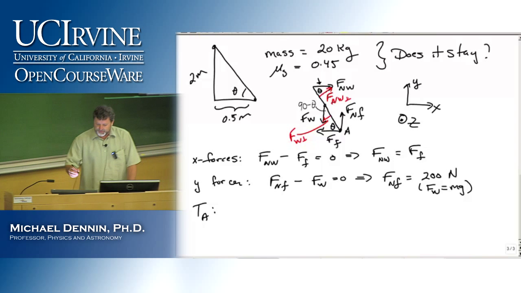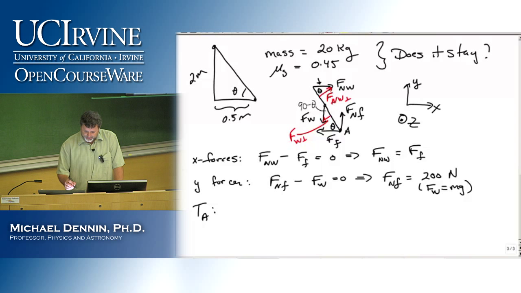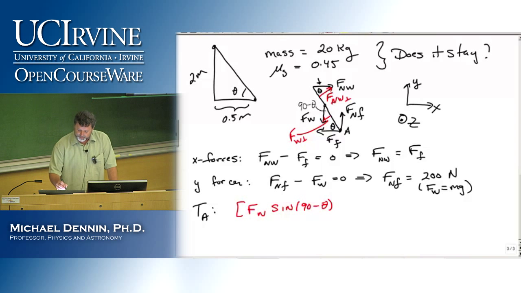And so for both of these, we can now write for the weight, notice it's the sine of 90 minus theta that's giving me the perpendicular component because of this right there.